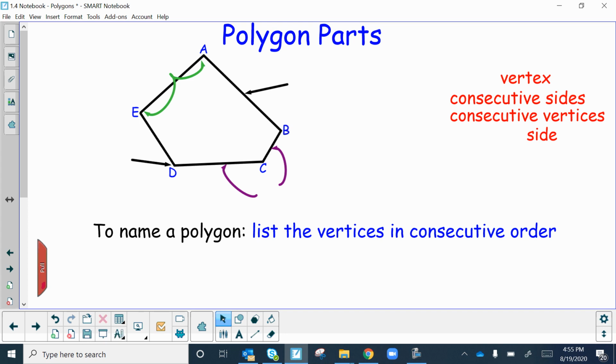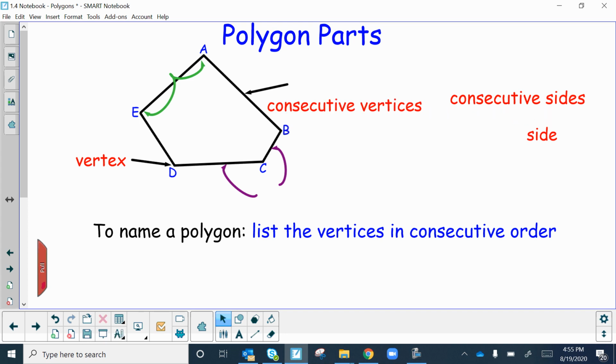So over here, point D would be considered a vertex. When you want to talk about more than one, you would say vertices. These two, A and E, those 2 angles are considered consecutive vertices because they're right next to each other. Remember, consecutive is one right after the other.